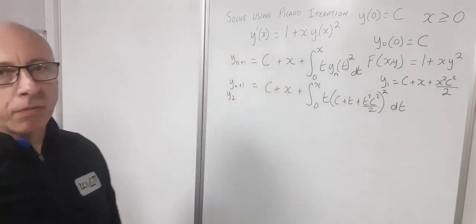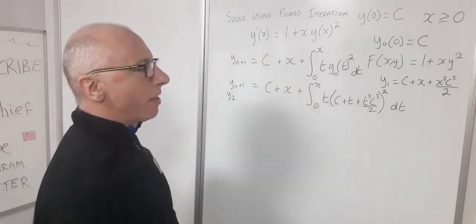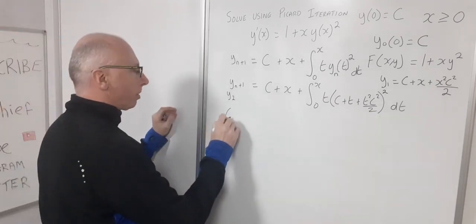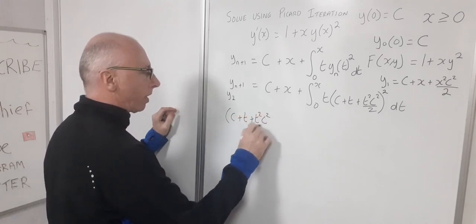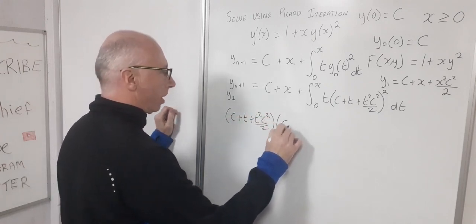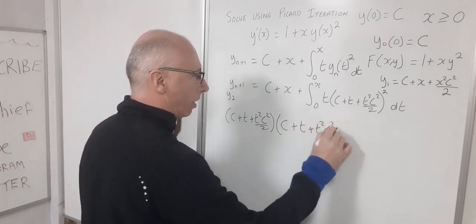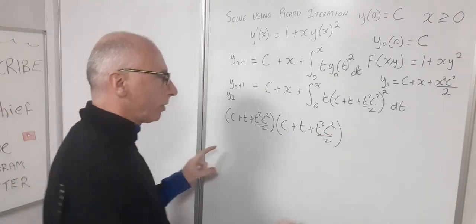Before we can integrate, we're going to have to expand this out and then integrate from there. So let's do that. c plus t squared c squared over 2 times c plus t squared c squared over 2. Okay, so a lot of foiling out to do here.